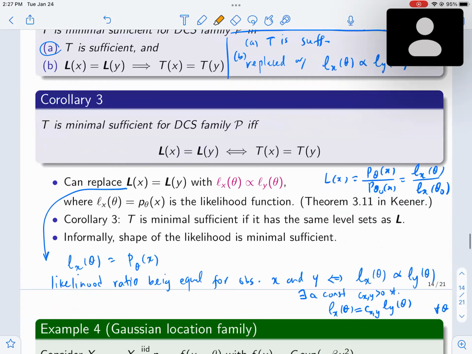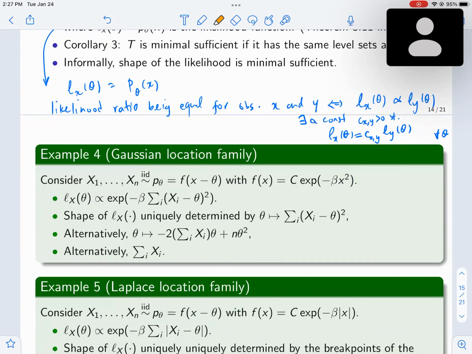Questions? Okay. Let's see an example. So we have the Gaussian location family, and if you recall, the setting is that we have IID observations from this density, which can be written as a base density, which is this guy shifted around.